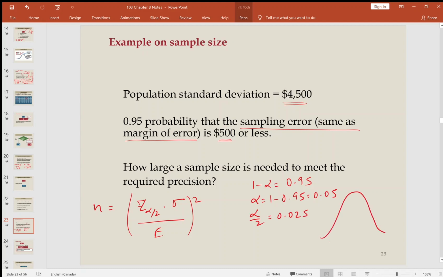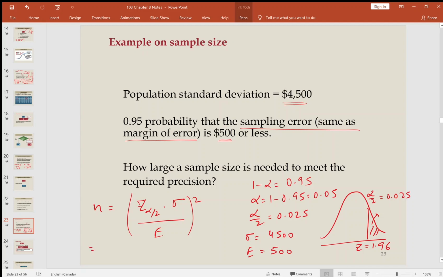If alpha by 2 equals 0.025 and we look up the z table, we will find that the z-score is 1.96. Sigma in this question is given to us as 4500, and E, the margin of error or sampling error, is given to us as 500.